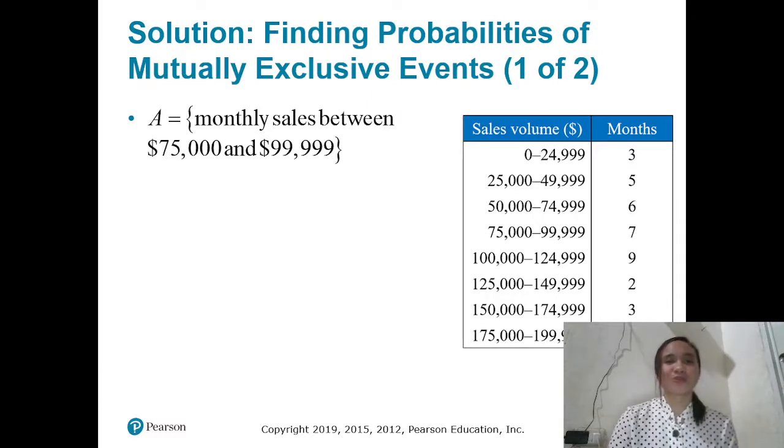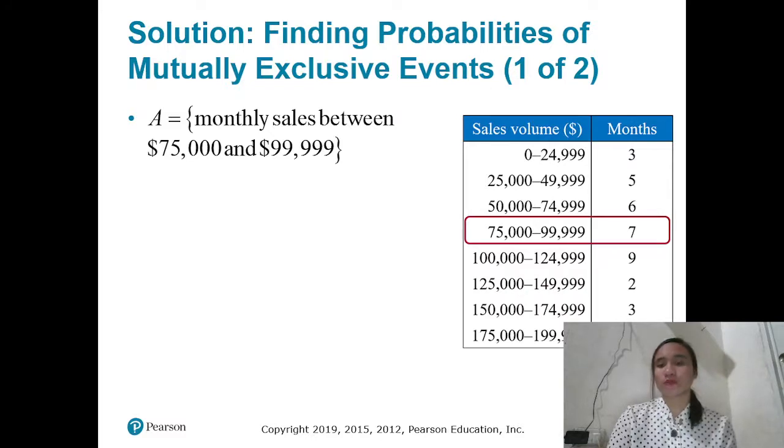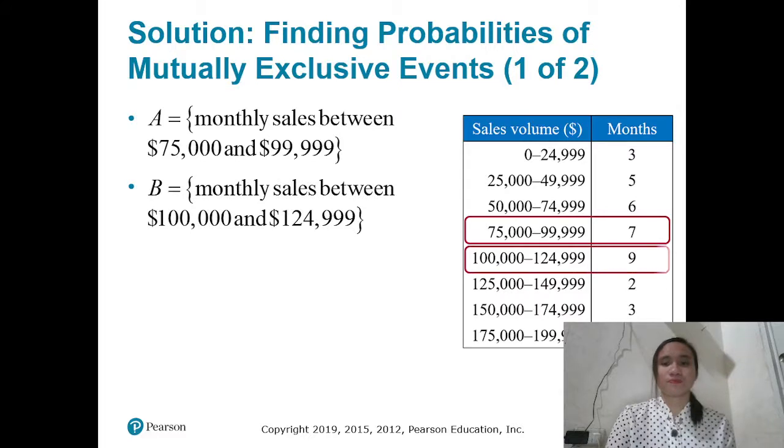A is monthly sales between $75,000 and $99,999. As you can see in the box, the sales volume and months: 75,000 to 99,999 happened in 7 months.